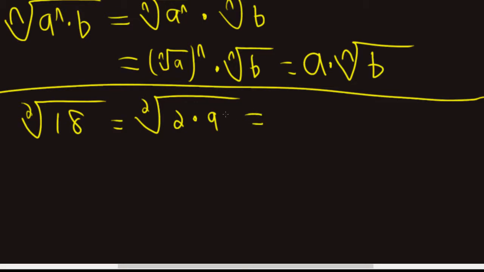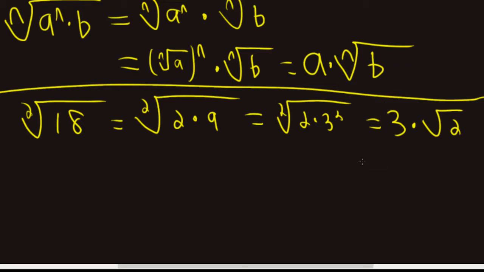And we know that 2 times 9 is the same thing as 2 times 3 squared, right? This is what allows us to take this 3 squared, move it on the outside, and get 3 times the square root of 2. The basic fundamental reason why we can simplify radicals all comes from this proof right there.